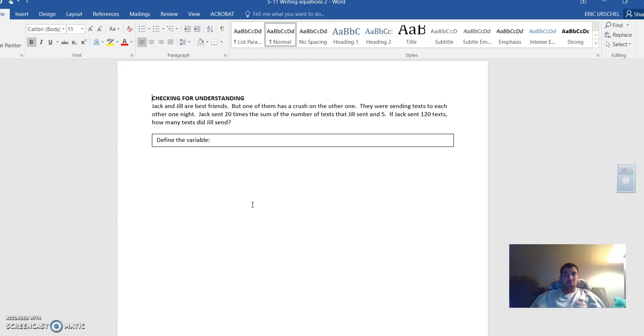They were sending texts to each other. Jack sent 20 times the sum of the number of texts that Jill sent and 5. If Jack sent 120 texts, how many texts did Jill send?